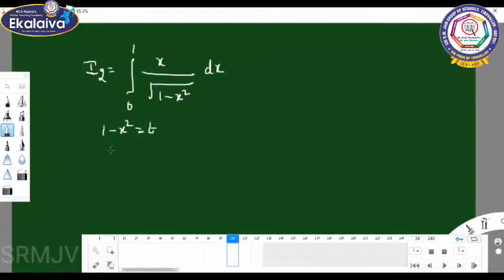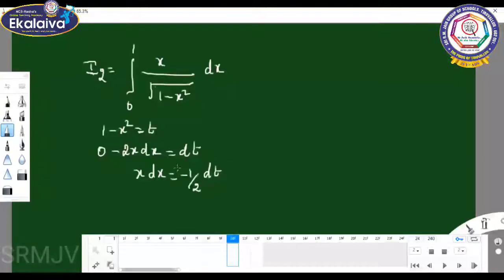Differentiate with respect to x on both sides: 0 minus 2x into dx equal to dt. In the numerator x dx is there, so x dx equal to minus 1 by 2 into dt.